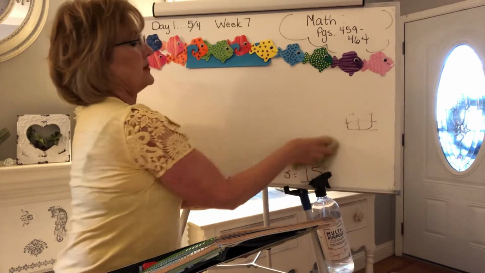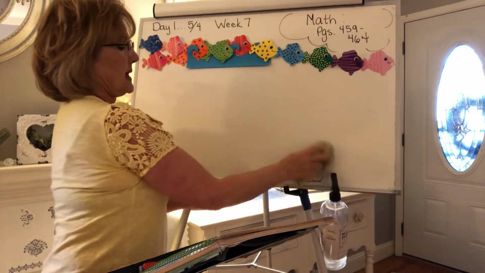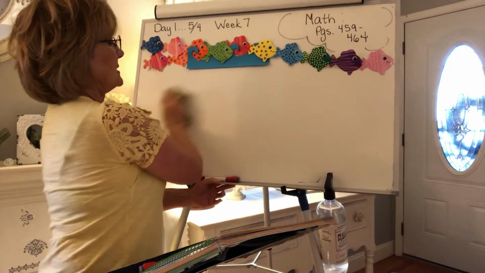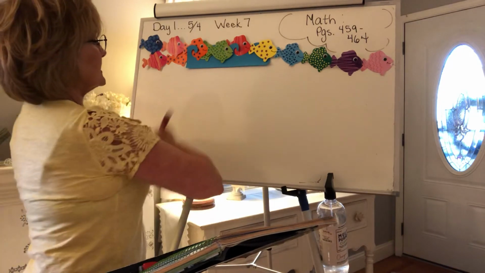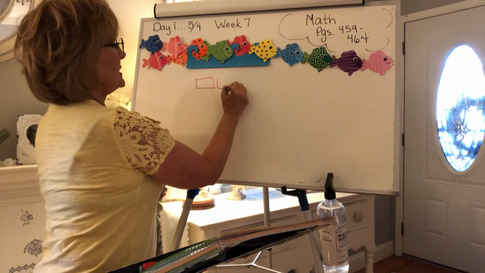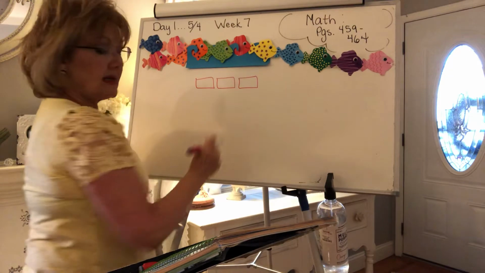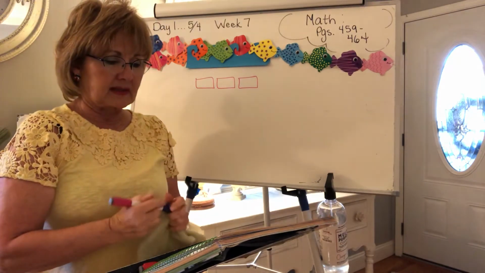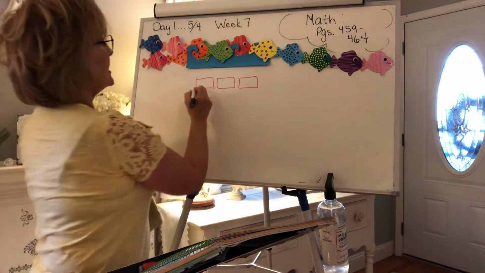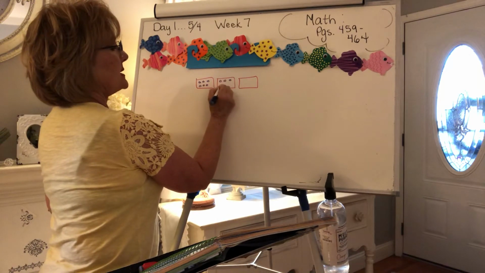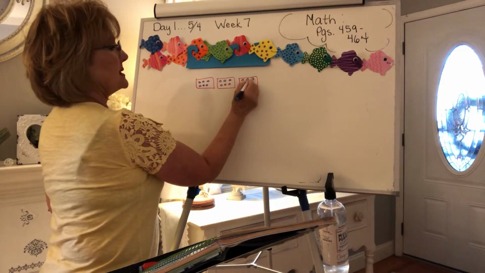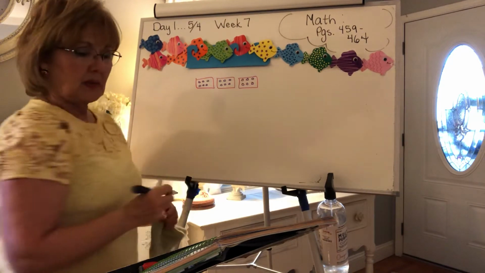Go ahead and draw 3 bags. They don't have to be bags, they can be just boxes, okay? So the picture would be 3 representing bags, 3 bags, 6 in each. 1, 2, 3, 4, 5, 6. Do the same in each one. Each one has 6 apples.